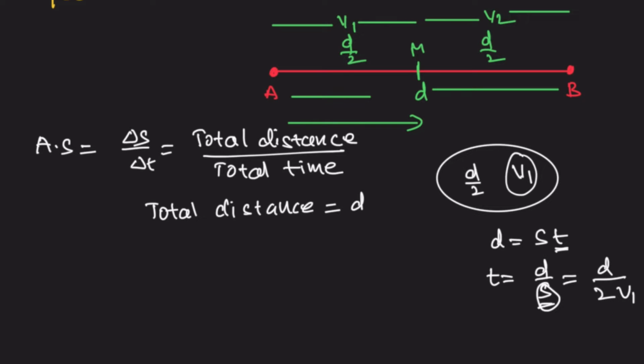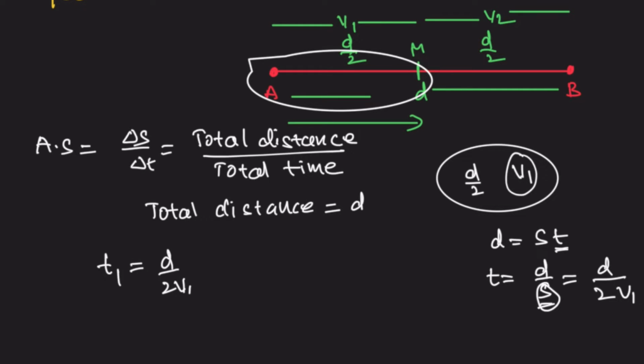So for the first half distance, the time is D by 2 V1. Suppose this is time 1, that is D by 2 V1.